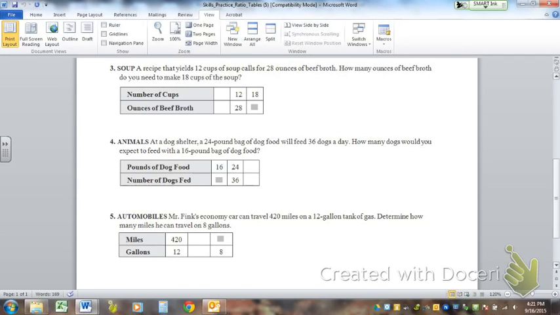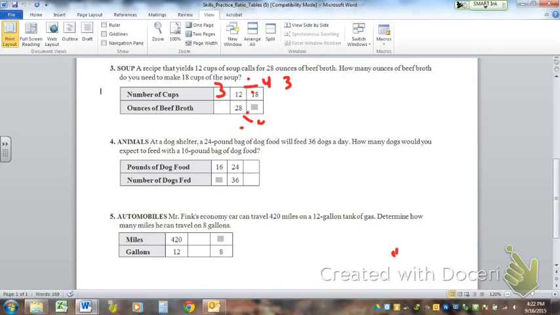So I need to first reduce 12 and 18. So I need to think of a number that goes into both 12 and 18. And 4 goes into both numbers. So 12 divided by 4 is 3.